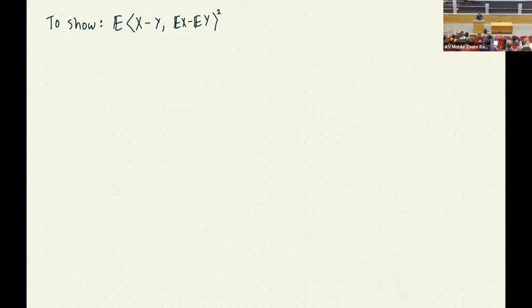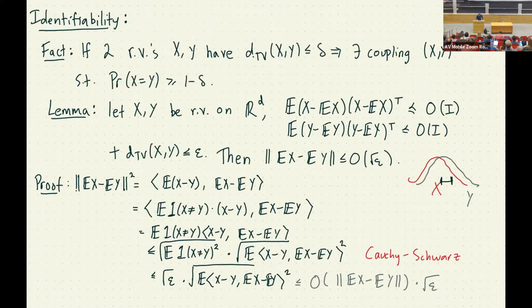Actually, I'm really sorry. I lied to you slightly on the previous page. This actually has a second term here, which is not really worth worrying about. It's got plus an epsilon times the squared norm. But that is not going to matter, because I can just move this epsilon times this squared norm over here. I get 1 minus epsilon times the squared norm is less than the norm times root epsilon, which is good enough.